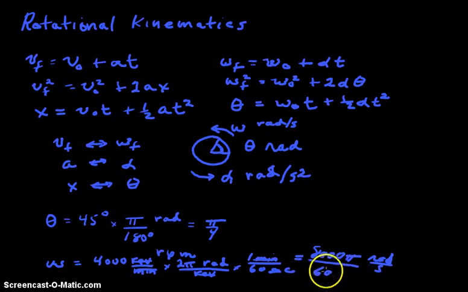And then you could reduce this down or use your calculator. Divide by 10 and then divide by 2, so you get 400 pi over 3 radians per second.